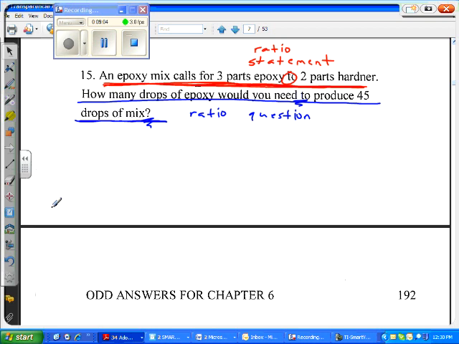And so we're going to solve using a proportion, and the way I've shown you that is to write statement. This is just for organizational purposes. Question. And I think I'll go ahead and color code that with blue and red so it's easier to keep up with. Statement and question.